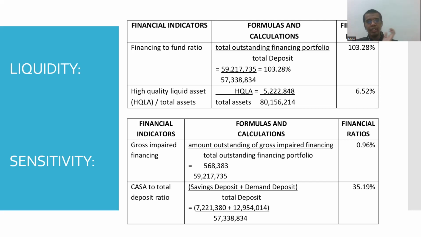So the financing to fund ratio should be below 100%. That's a good bank, I believe, from my perspective. Okay, and then the next ratio is the high quality liquid asset, or the HQLA.